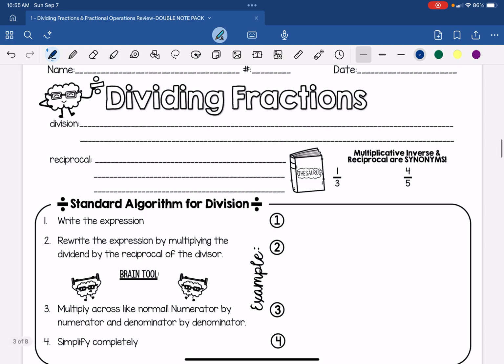So division means dividing or sharing into equal groups. Division is the opposite of multiplication.